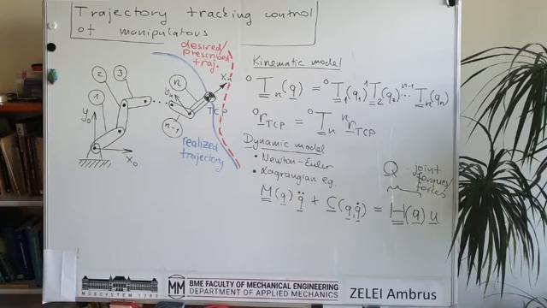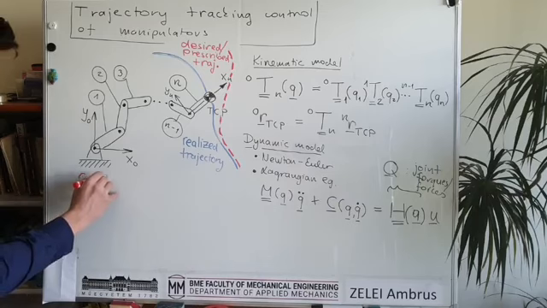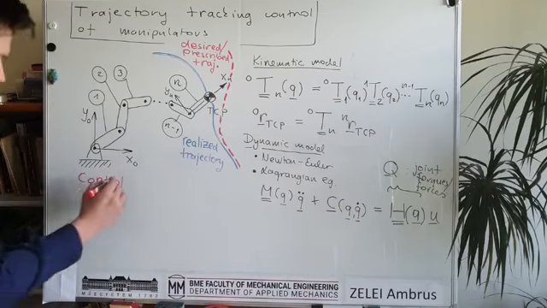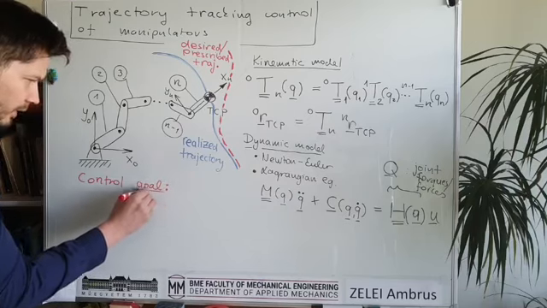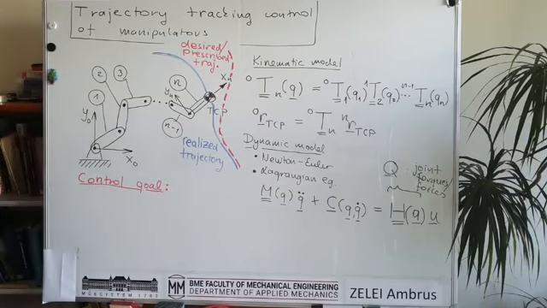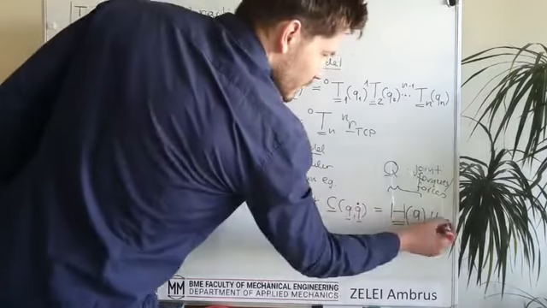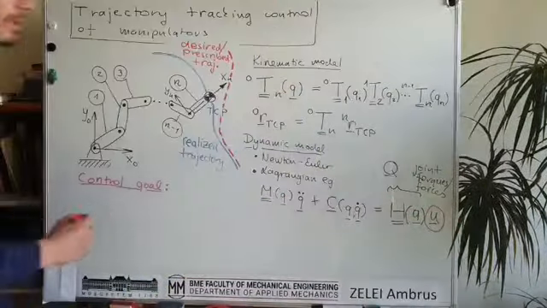So we can summarize the control goal. We create a control of the robot, and the goal of the control is to find these control inputs here. So this is very important.